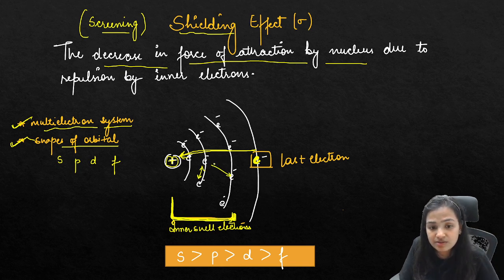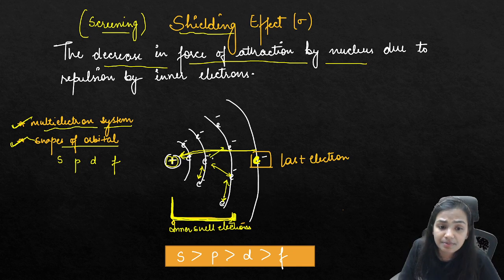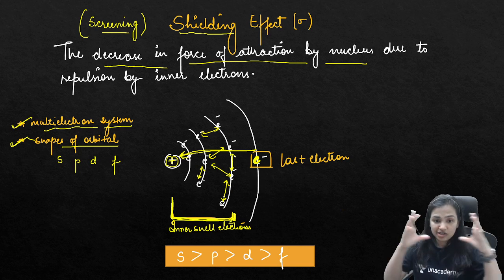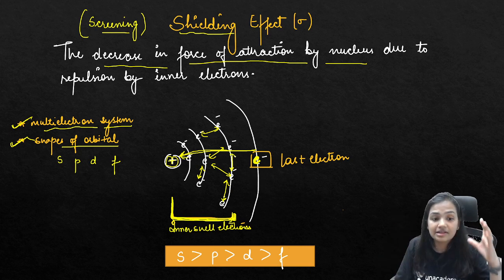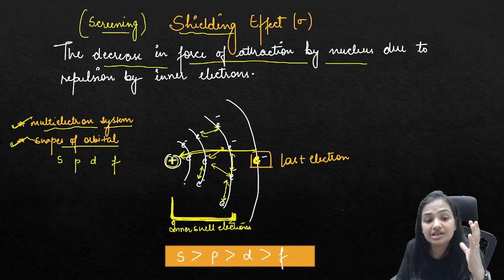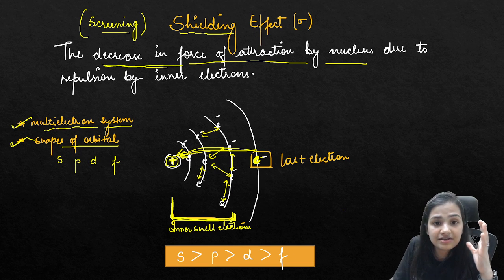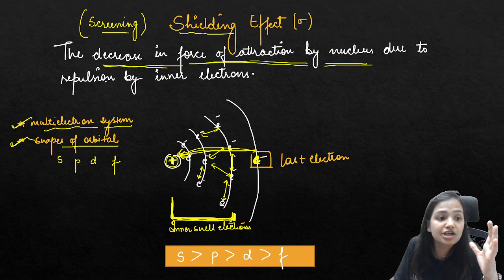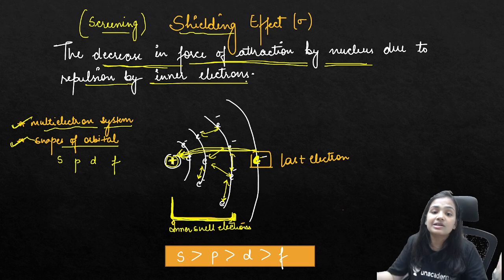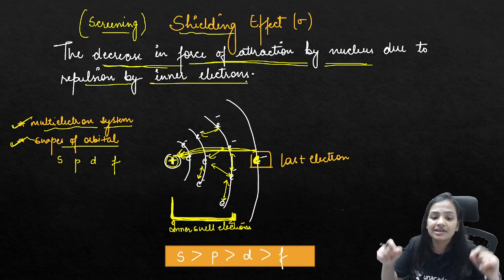Because of this repulsion, they shield the last shell electron from the effect of the nucleus. When there is a decrease in the force of attraction by the nucleus due to the repulsion by inner shell electrons, this is known as the shielding effect.